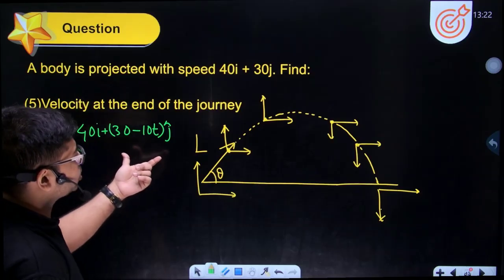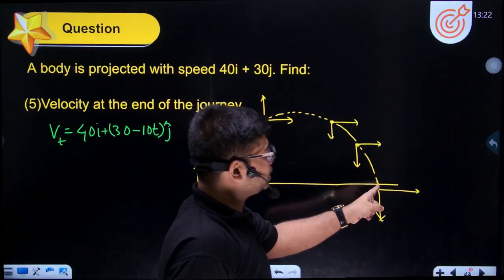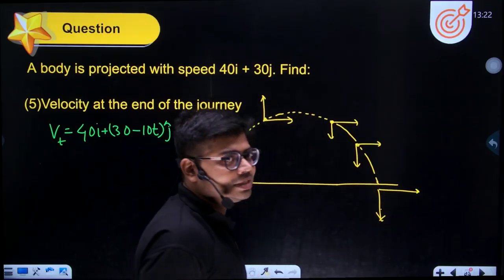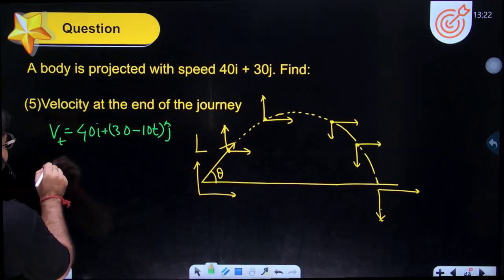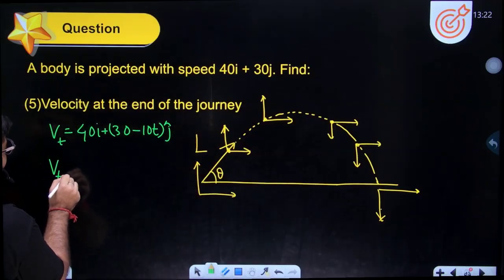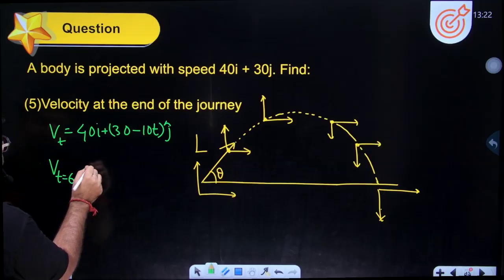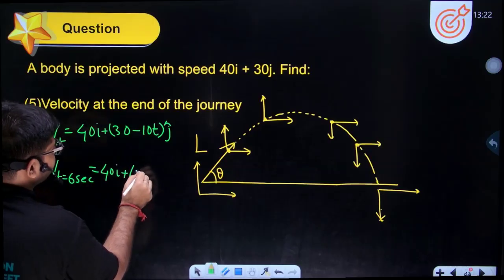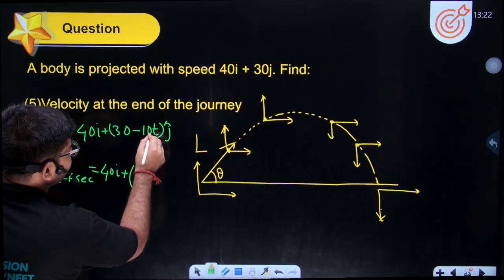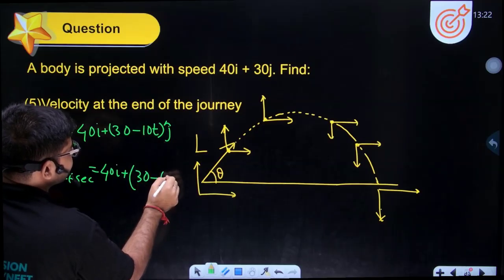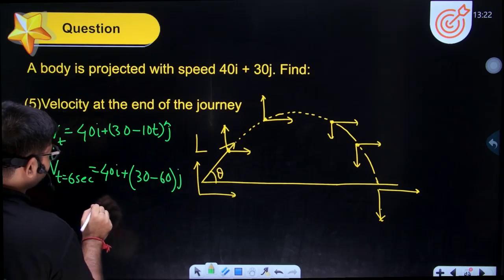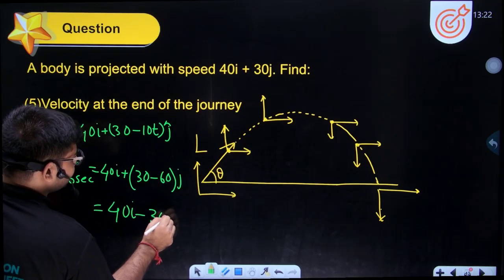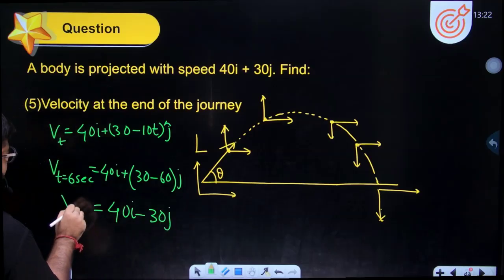So for the entire velocity equation at the end of the journey, you have to take the time t is equal to 6 seconds. At t is equal to 6 seconds, it is 40i plus 30 minus 10 into 6, which is 60, j. So ultimately you are getting 40i minus 30j. So this is Vt.